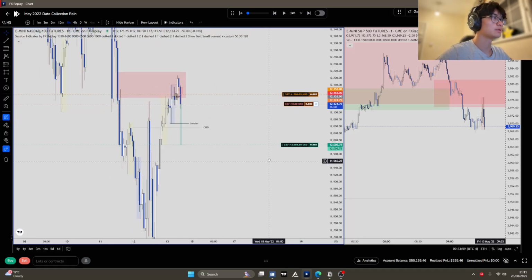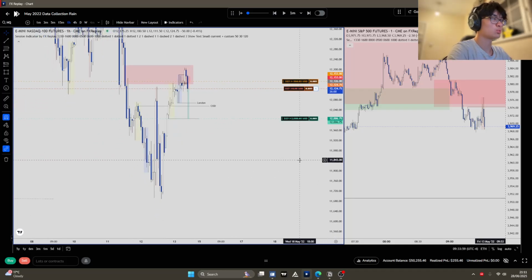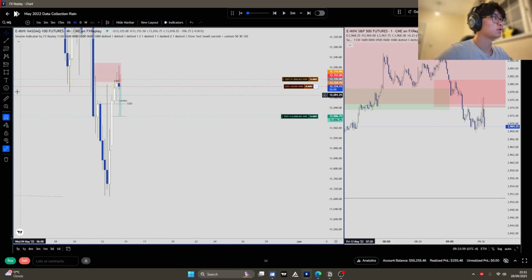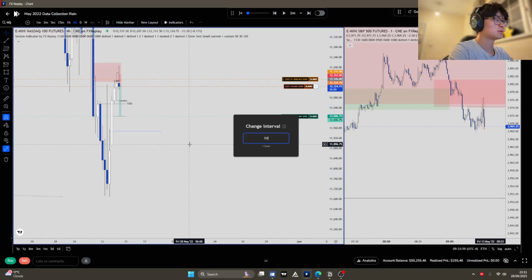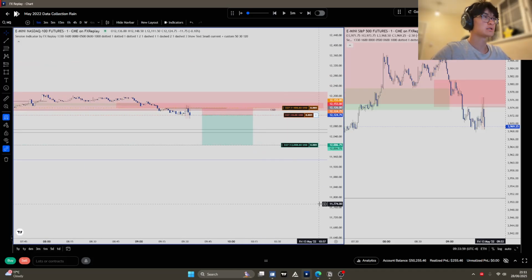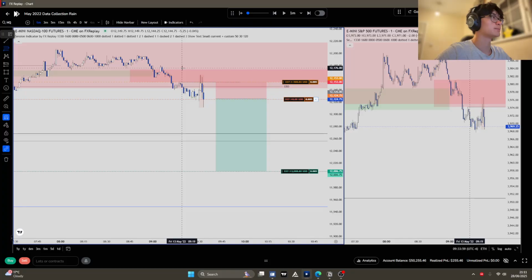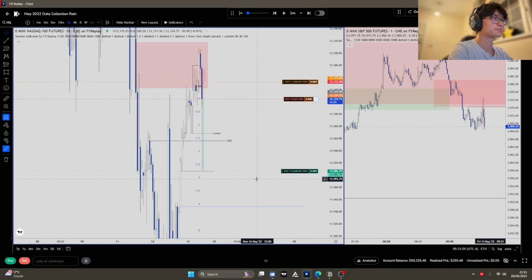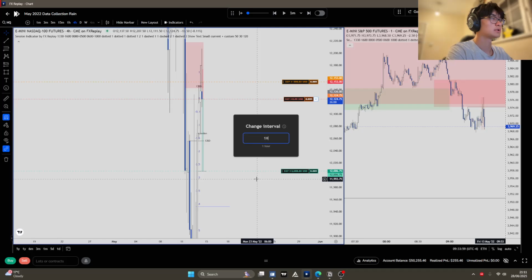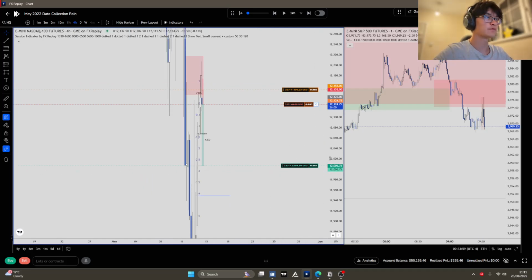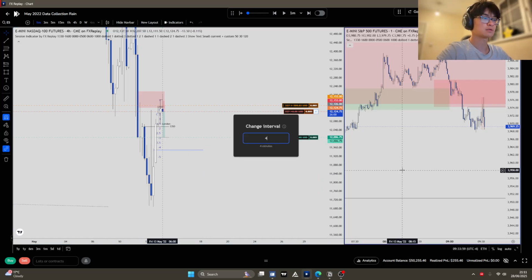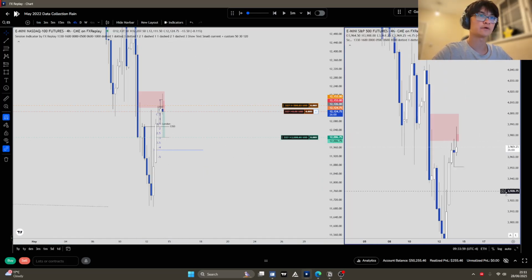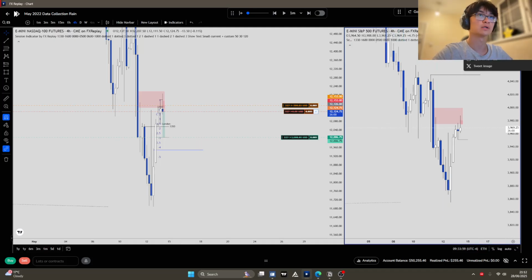And then 4-hour, I would probably use this range as EQ, but obviously I'm probably not going to target that. For some reason I'm kind of hesitant on this. I'm not sure why. I think it's because of the 4-hour change right here, but lower time frame it suggests that we go lower, as a retracement.